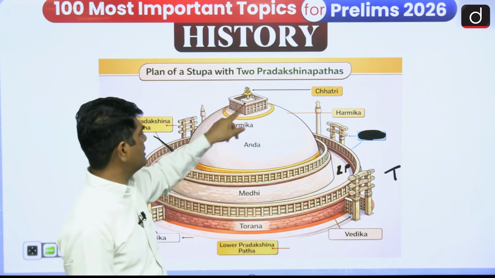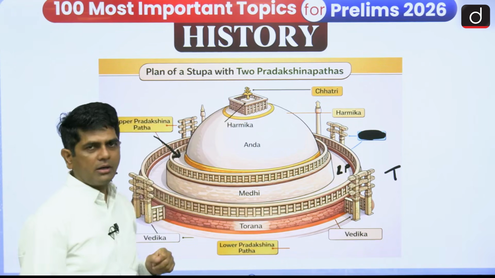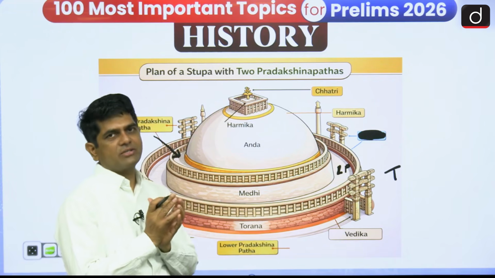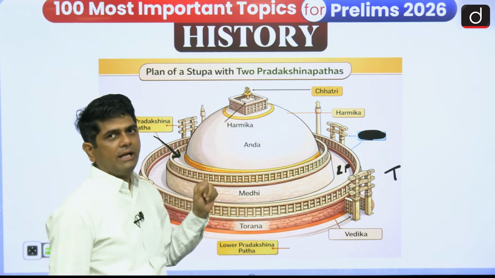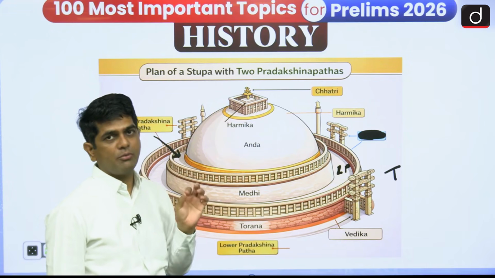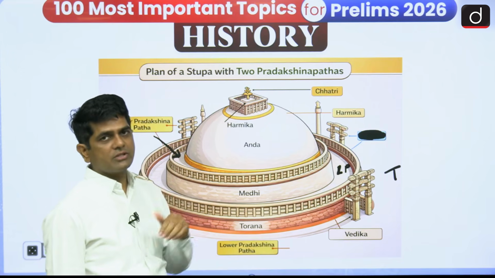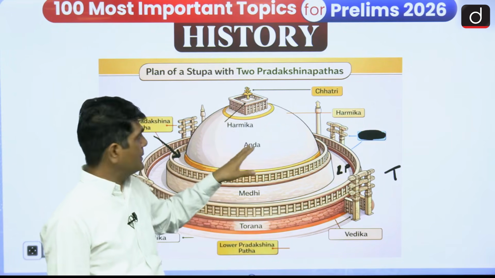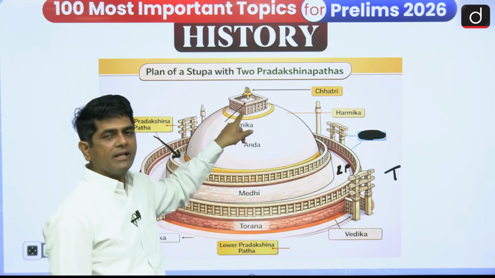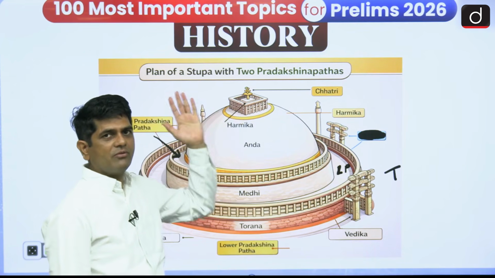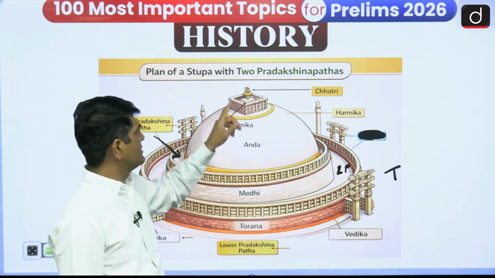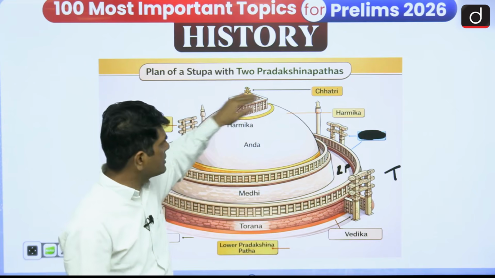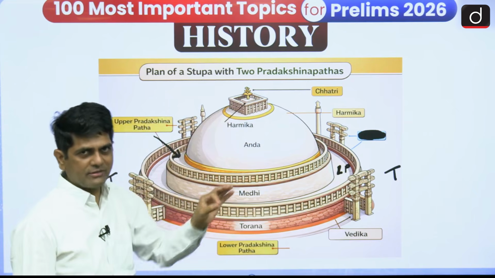And at the top of the Anda we have a small railing like structure called Harmika. And Harmika represents the most important part of the Buddhist stupa. Harmika represents the abode of God. Then on the Harmika, we have one vertical structure known as Dand and the three cross structures called Chhatra.